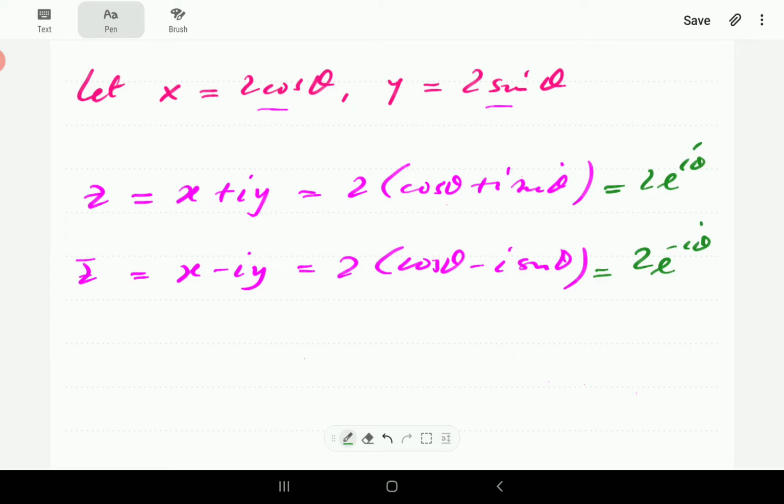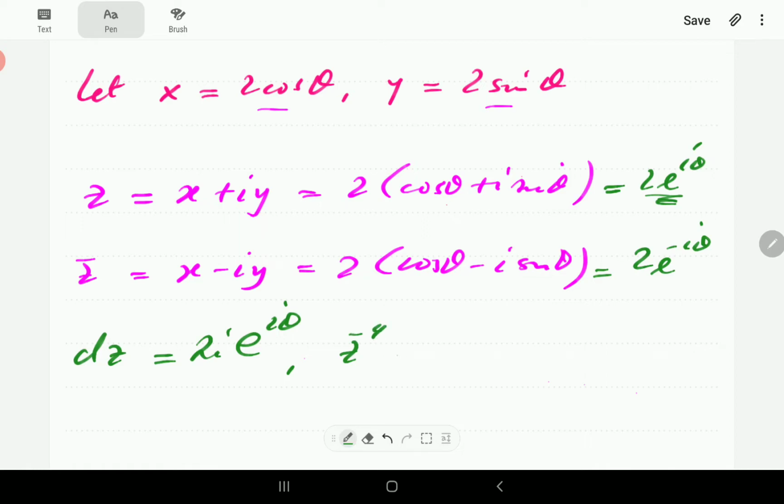So from here, it means dz is going to be equal to, so the variable here is just theta. If we differentiate that thing with respect to theta, we're going to have to multiply by i, which is the derivative of the exponent.